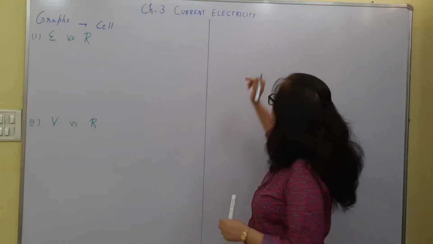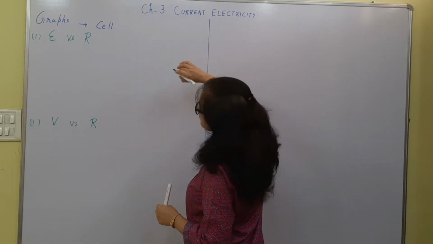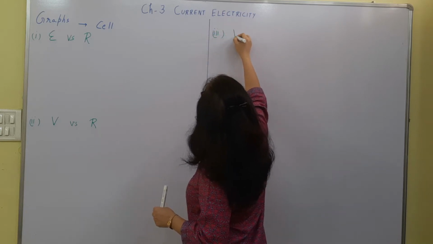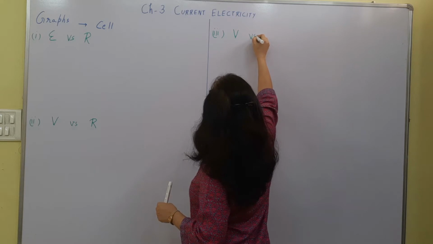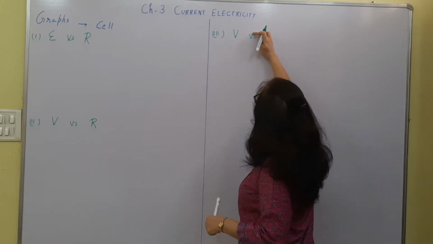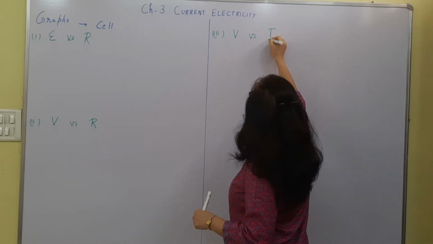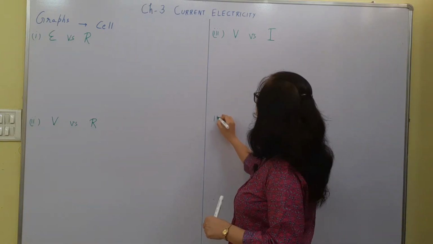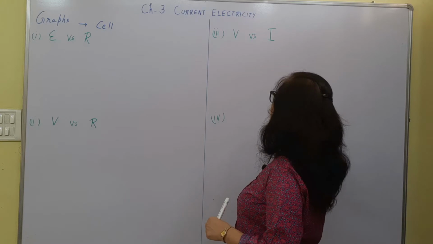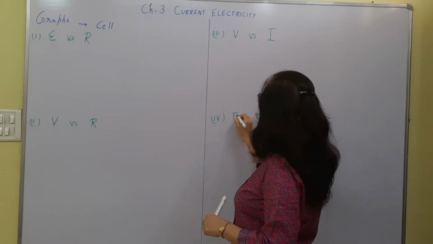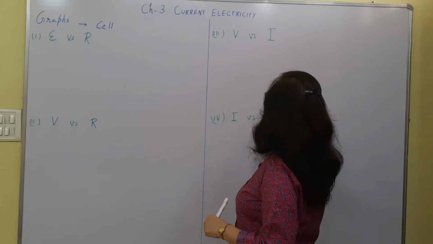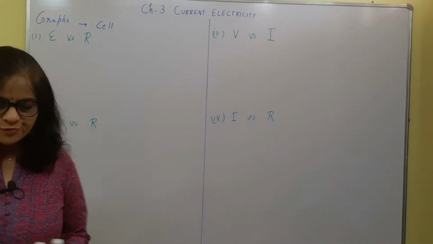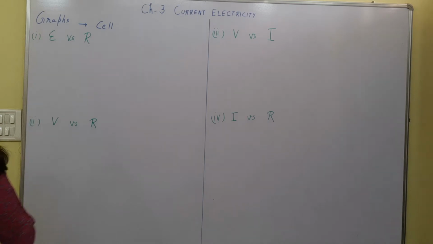Then we will draw voltage versus current graph, and the fourth and the last one will be current versus resistance graph. For all these 4 graphs, we need the basic formula.